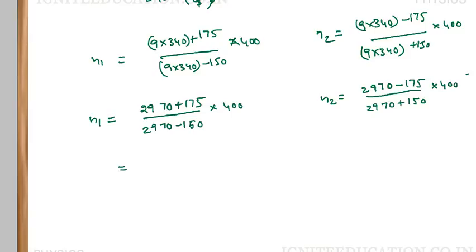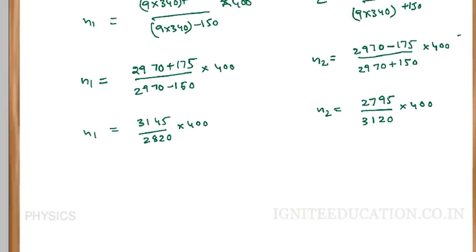That is equal to, n1 is equal to 3145 divided by 2820 into 400, and n2 is equal to 2795 divided by 3120 into 400.